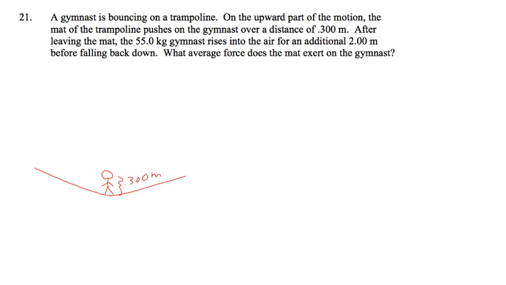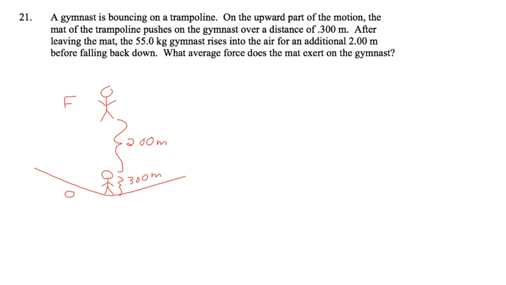So this is my original position, and then the person up here is their final position. It says, after leaving the mat, the 55-kilogram gymnast rises into the air for an additional 2.0 meters. So from there to there is 2.00 meters.